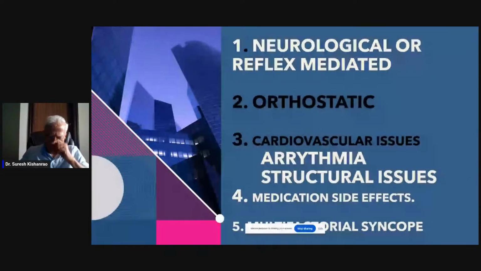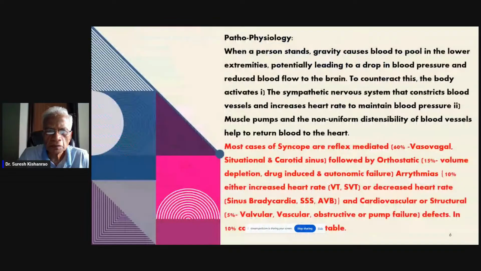So this slide just summarizes what I have talked about already. To understand the basics of pathophysiology, in human physiology, when a person stands, gravity causes the blood to pool in our lower limbs. This might potentially lead to a drop in blood pressure and reduced blood flow to the brain.